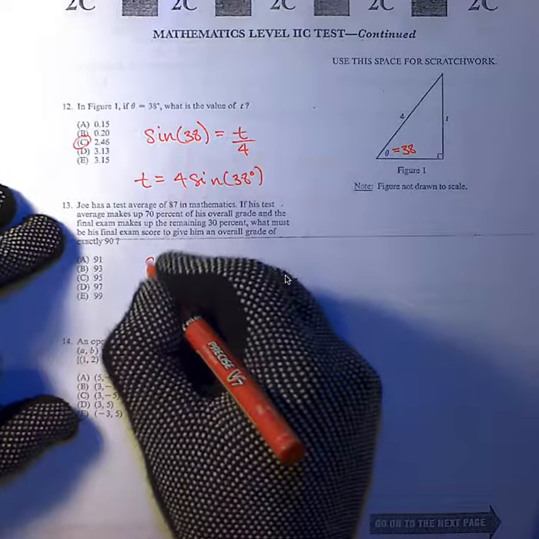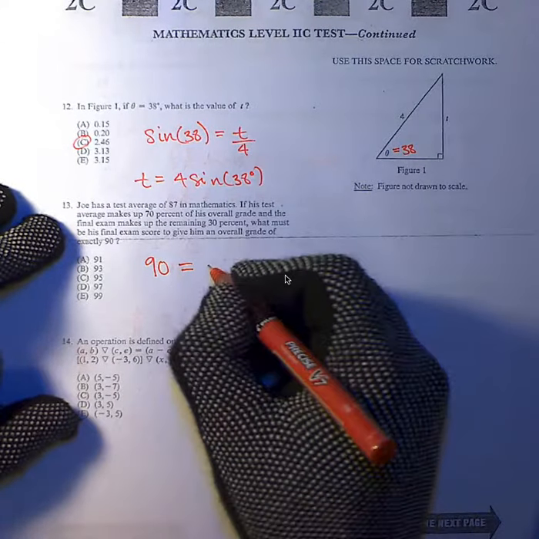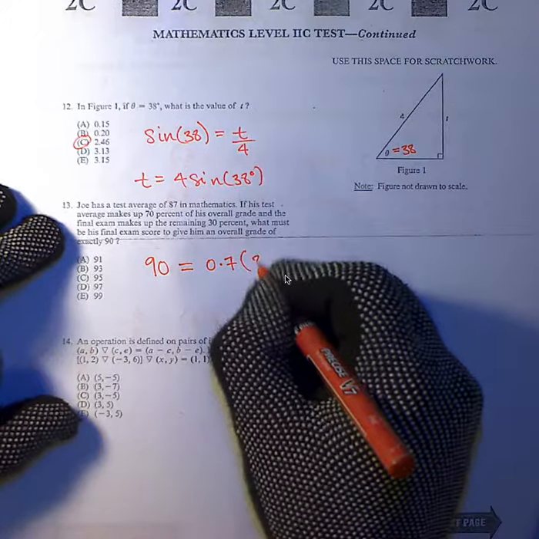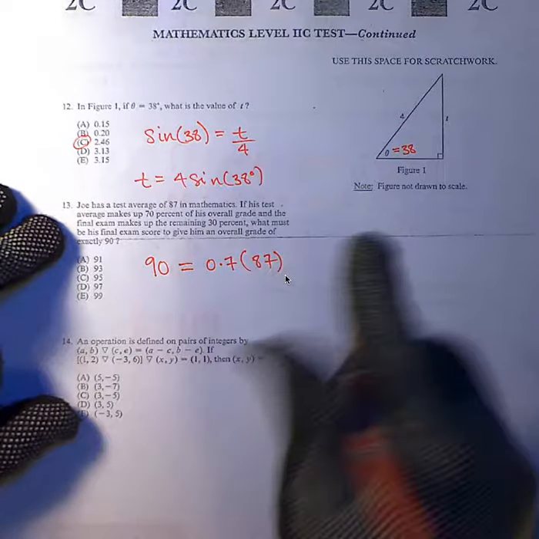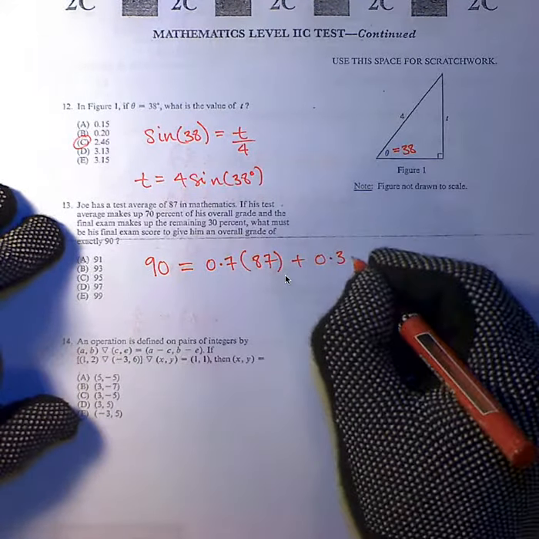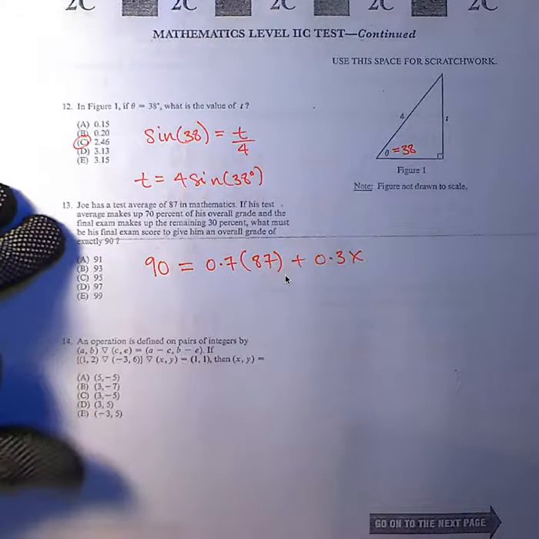So what we want is 90, and we get there by taking 70%, so 0.7, of his test average, so 70% of 87, and then plus 30%, so 0.3, of this unknown quantity, which is his final exam. So his final exam is x.